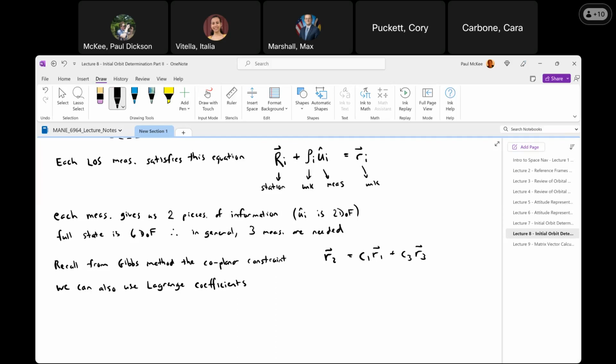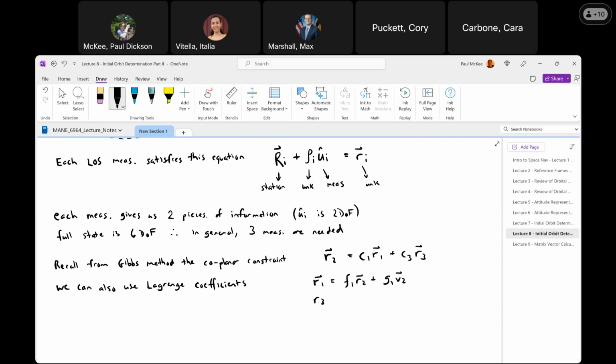So we're going to rework things a little bit. I'm going to say that R1 is some F1 R2 plus G1 V2. So if you have information about R2 and V2, then the Lagrange coefficients F1 and G1 will give you enough information to find R1.